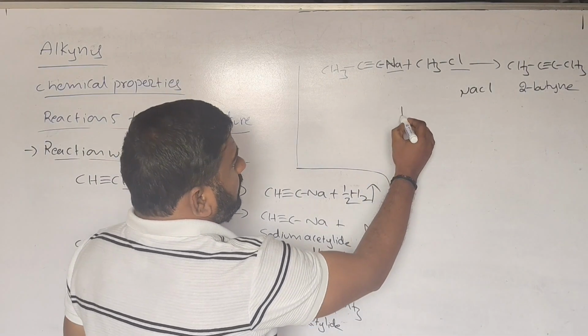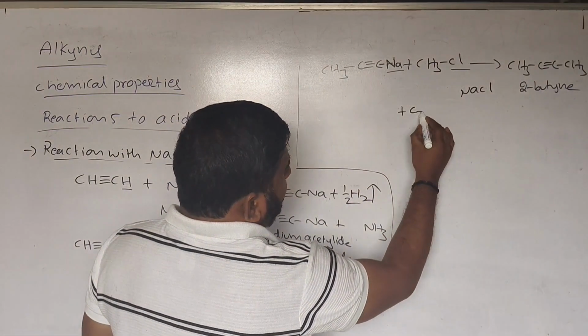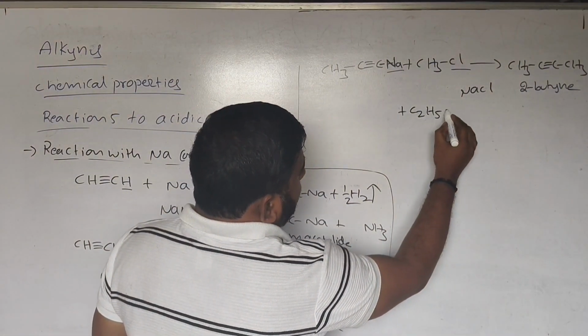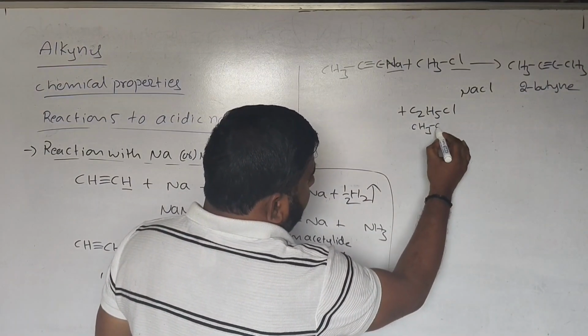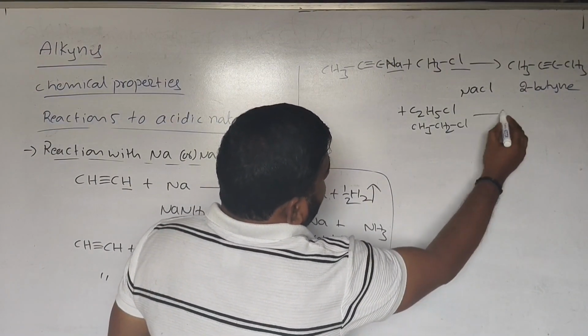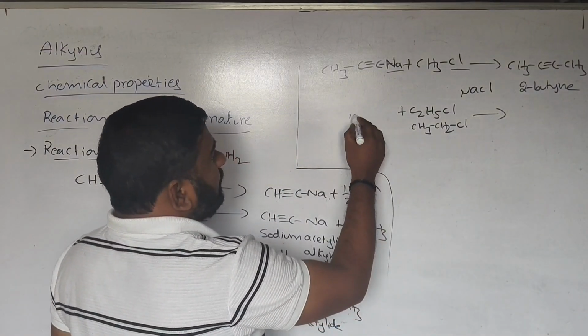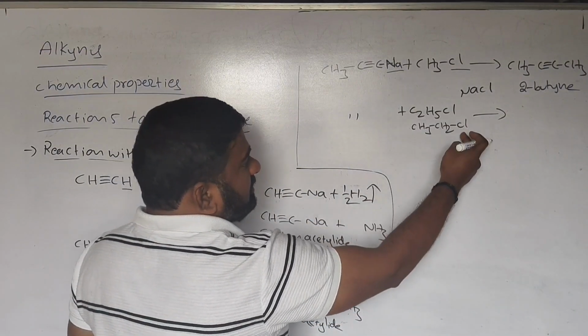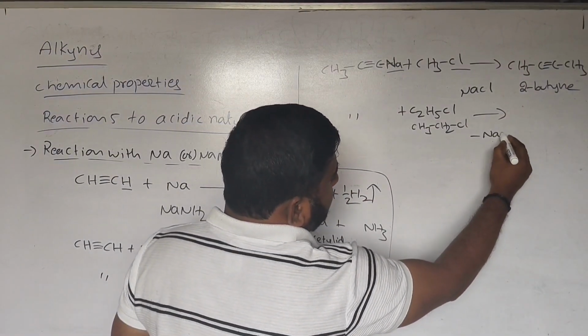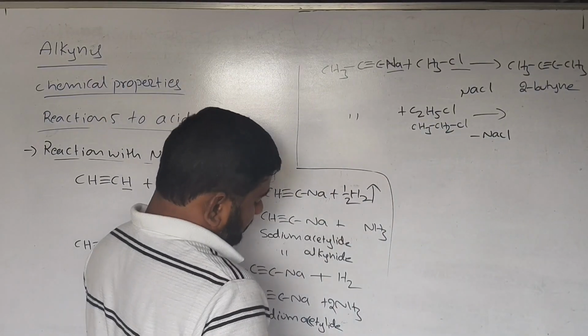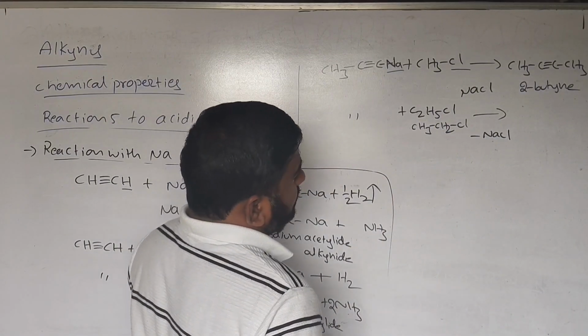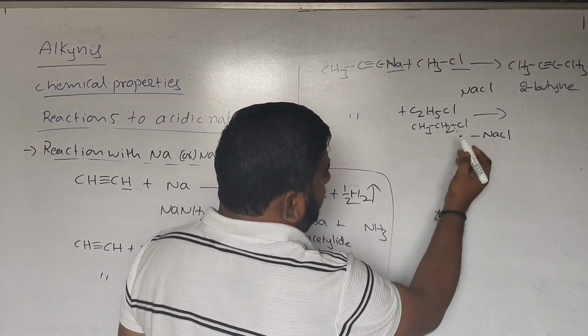If you take ethyl chloride, for suppose, ethyl chloride, sometimes they will write C2H5Cl. We can write this like this also, CH3 CH2Cl. In this case what is happening, here also this Na and this Cl will be removed in the form of NaCl. Later this ethyl group you have to add to the triple bond carbon. Here you have to break the carbon halogen bond.